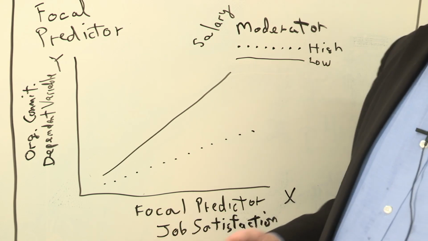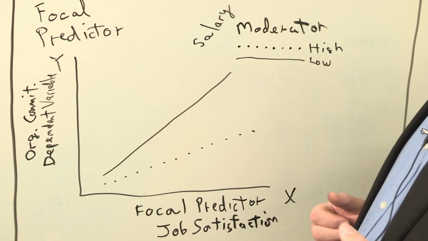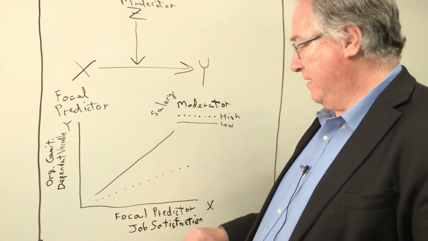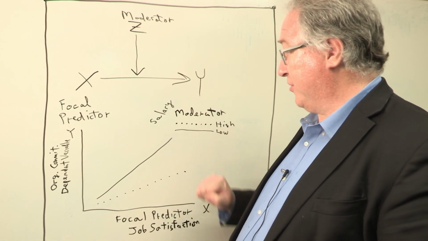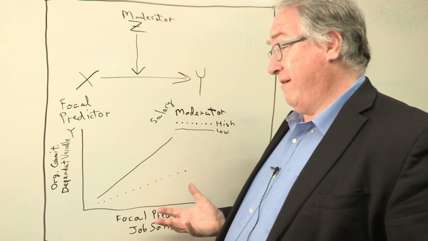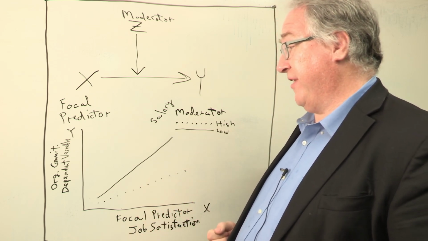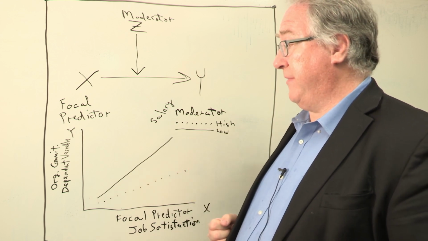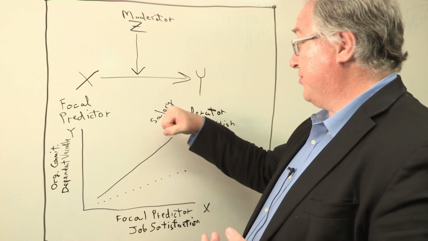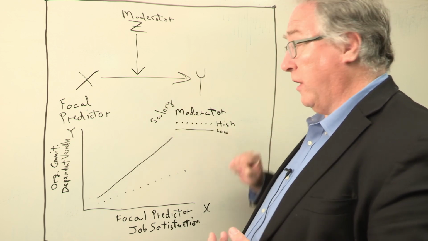All right, so that's what you have, and this is an interaction graph depicting what I'm using as an example here, a significant job satisfaction by salary interaction, where you would say that the effect of job satisfaction on organizational commitment depends on the level of one's salary, high or low.